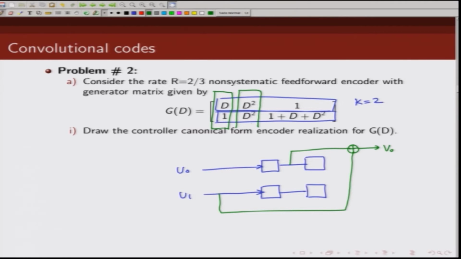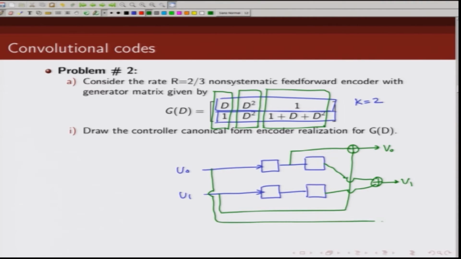This is this term. D square U0 is this term and D square U1 is this term. So, this is your V1. And the third output is this. So, this is U1 and 1, D term and D square term.